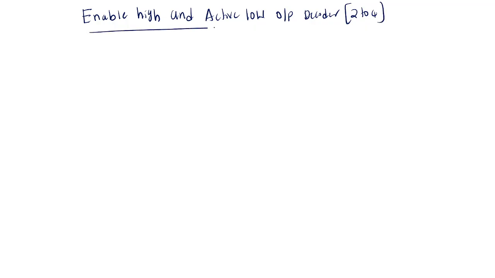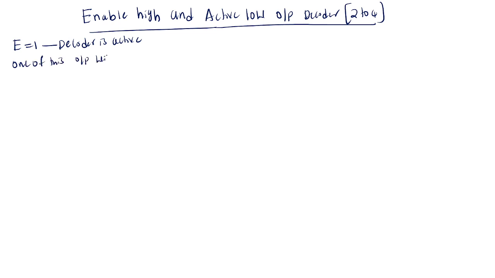When enable equals 1, the decoder is active and one of the outputs will be 0. Why? Because it is an active low output decoder.